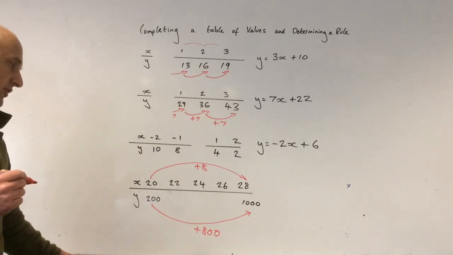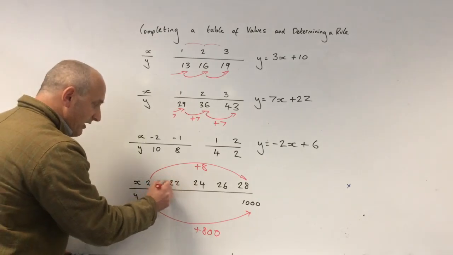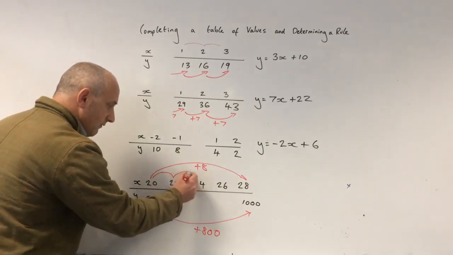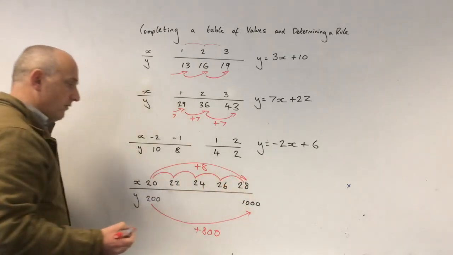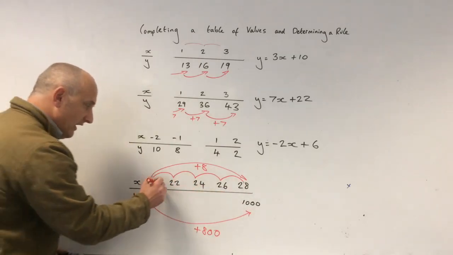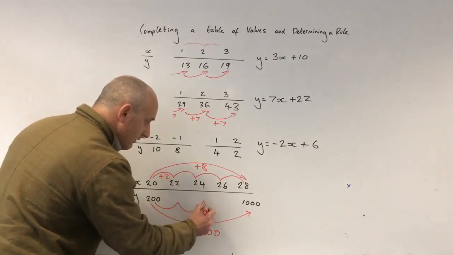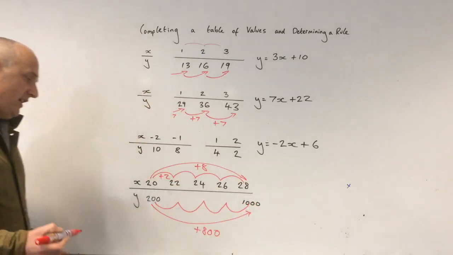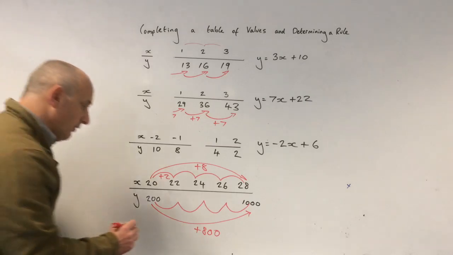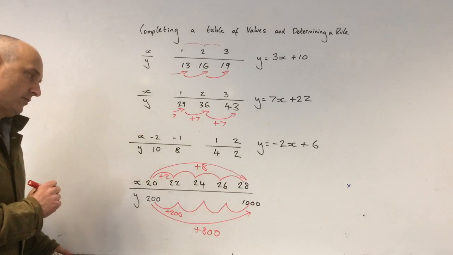Okay, so hang on a second. If this jumps by 8, each one of these little jumps is adding 2. So how much would each one of those little jumps be? 200.